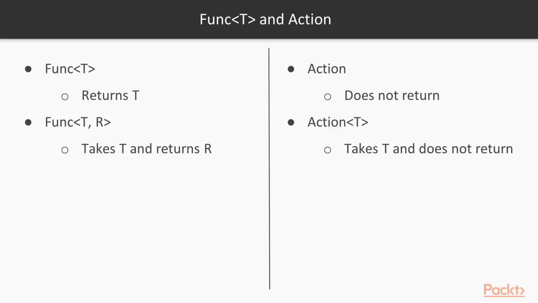Similarly, Func<T, R> takes a parameter of type T and returns a result of type R, while Action<T> takes a parameter of type T and does not return anything.